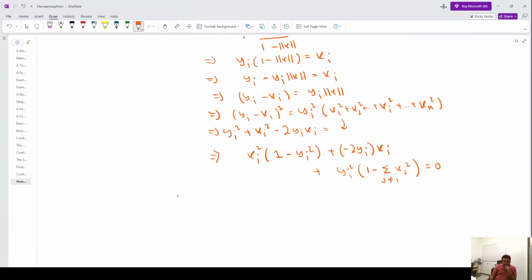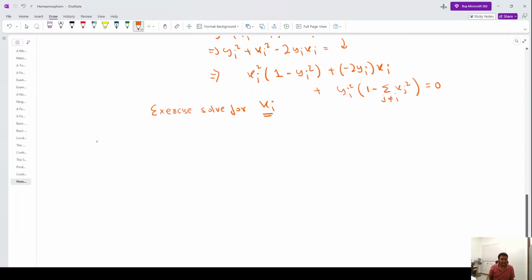Now I will leave this as an exercise. Solve for xi. Okay, this is just a quadratic equation.